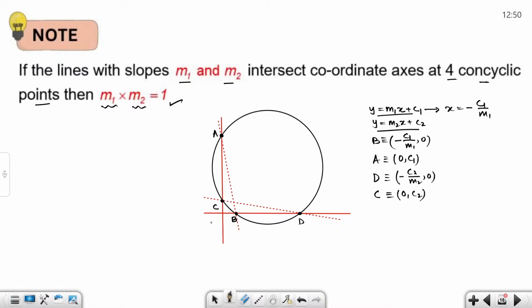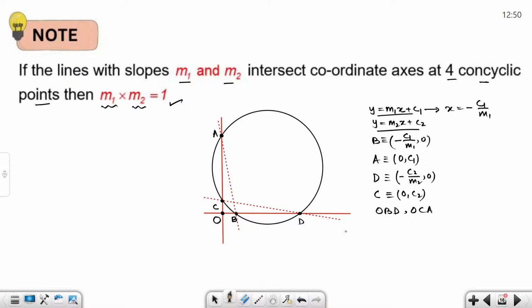Is it right? Now this is the origin, let us say O. From this point O, these are the two secants drawn. One is OBD, another one is OCA, right?